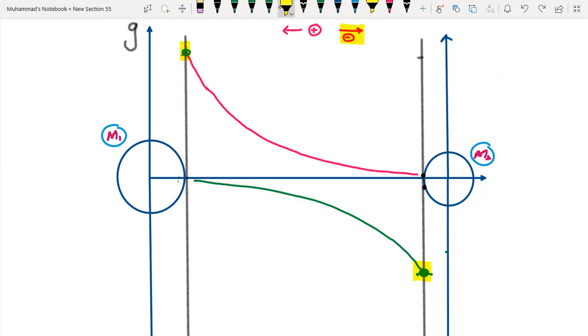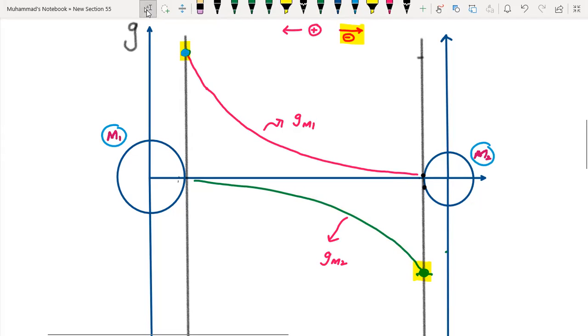Now we have to plot the resultant gravitational field strength due to these two masses. We know both the gravitational field strengths, g due to m1, and this is g due to m2. Now we will use the point by point addition method to find the net gravitational field strength. Let me give you an example. Let's say I want to find the gravitational field strength at this point.